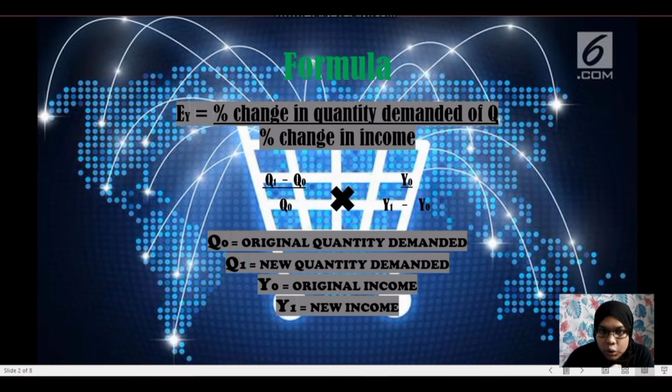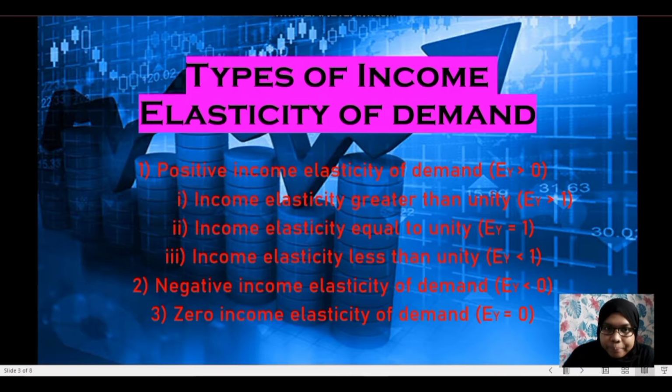Q1 minus Q0 divided by Q0, multiplied by Y0 divided by Y1 minus Y0. Q0 refers to the original quantity demanded, Q1 refers to the new quantity demanded, Y0 the original income and Y1 the new income.